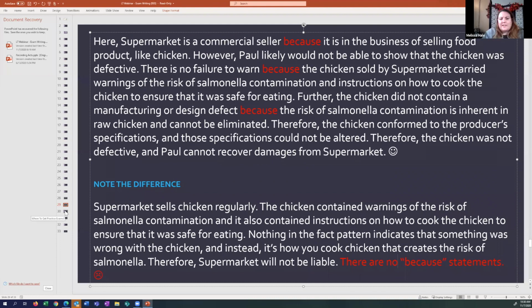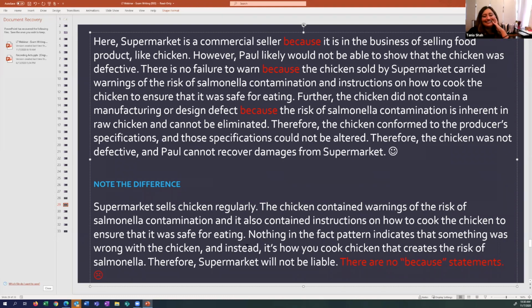Can I point out that I love this as an example, and I'd like to point out that the second answer is what I would call a stealthy bad answer, because when the student is putting in things like nothing in the fact pattern indicates that something is wrong with the chicken, that seems really important. That seems like, oh yeah, they're on the right track, but they're not telling me why that's important. Right?